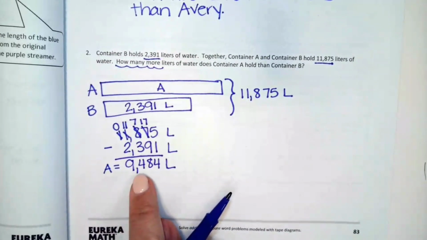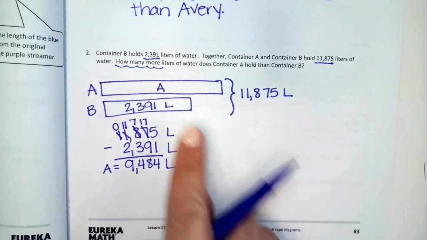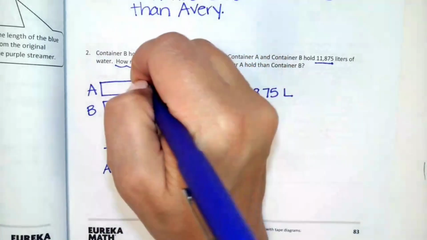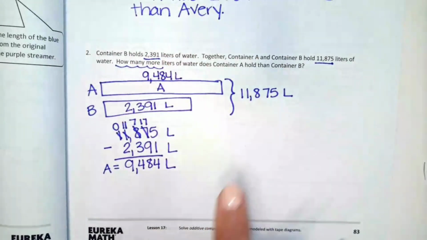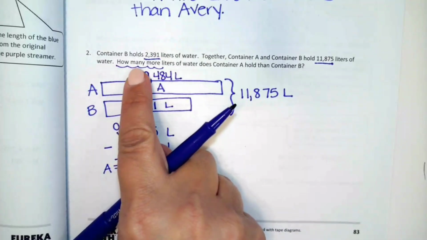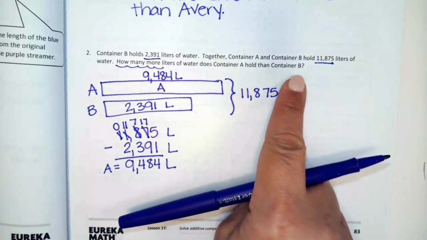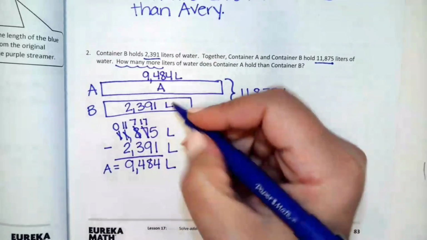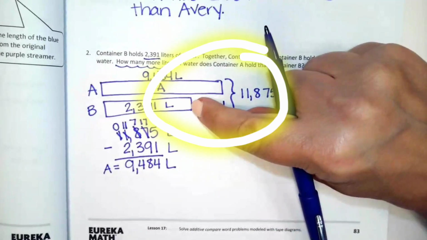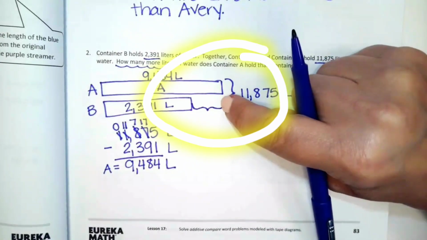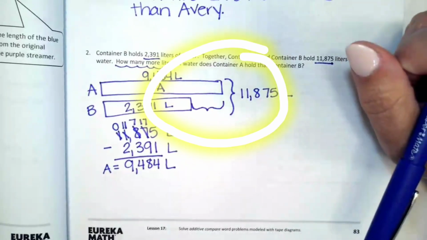Did you get 9,484 liters? Good job. Okay, so now we know what A equals, 9,484 liters. Now the next step is to find out how many more liters of water does container A hold than container B. And so we are going to mark this space here that goes between the end of container B and the end of container A, and this will tell us how much more A has.